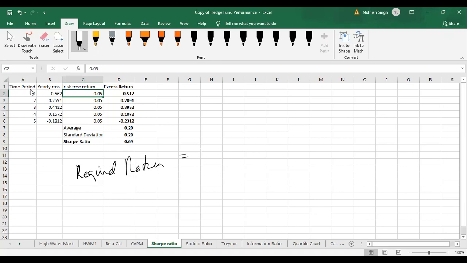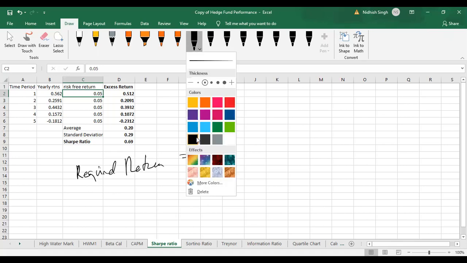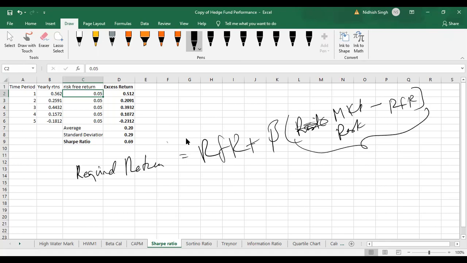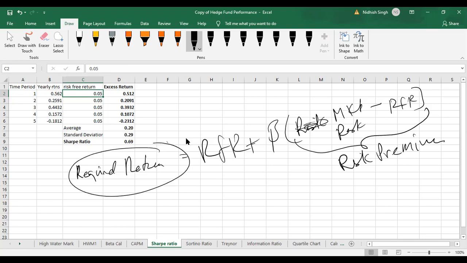So required return is typically RFR, the risk-free rate, plus beta times the market return minus RFR. This is also called the risk premium. So this is how we calculate required return.